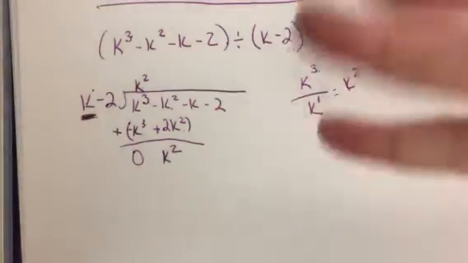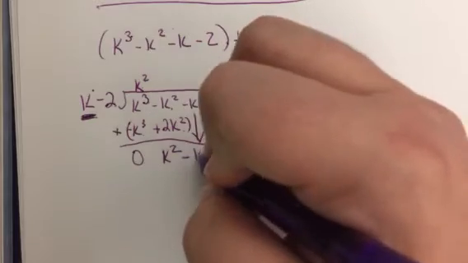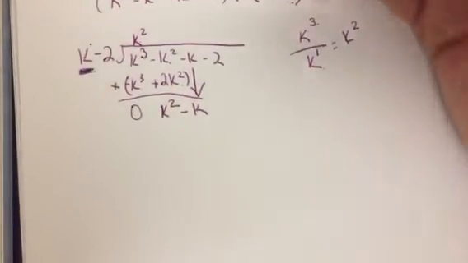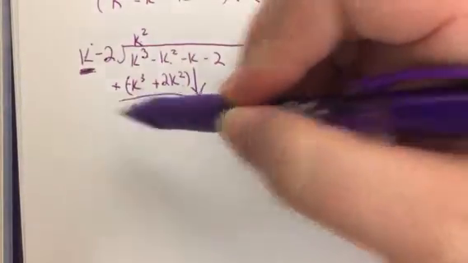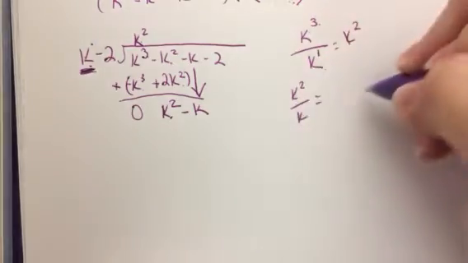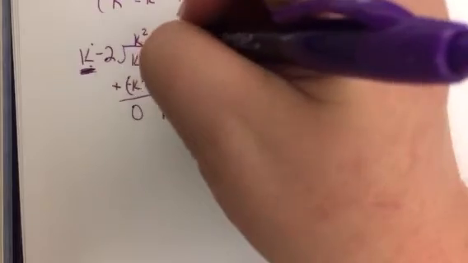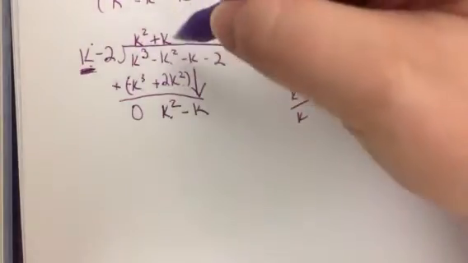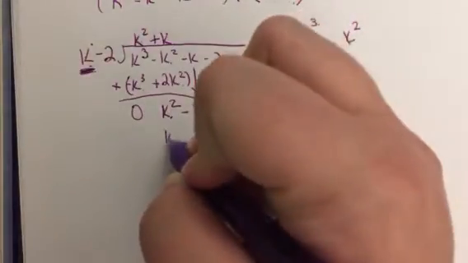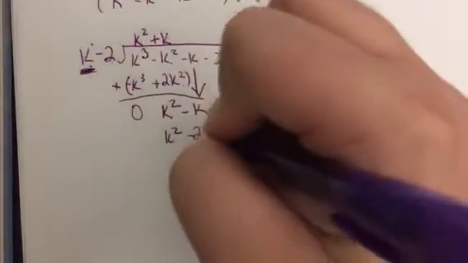Next step, bring down the next value, and we repeat the process. k squared divided by k is going to equal k. So I'm going to put a plus k up on top, and now I repeat the multiplication. k times k is k squared. k times negative 2 is negative 2k.